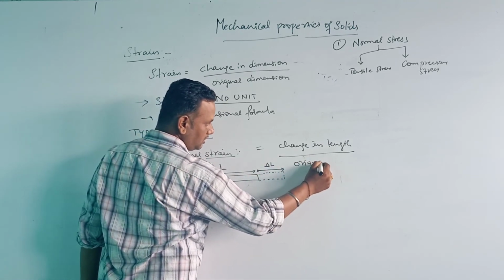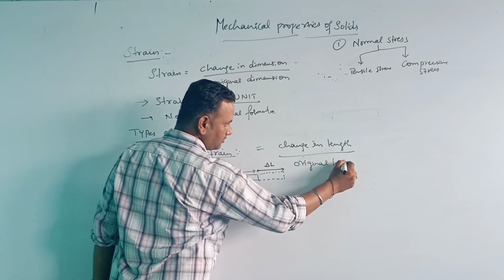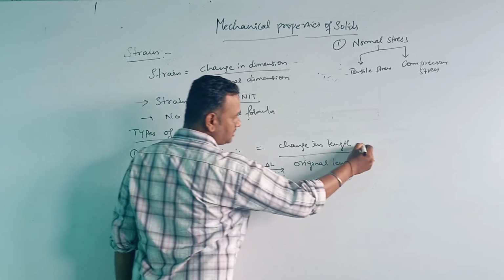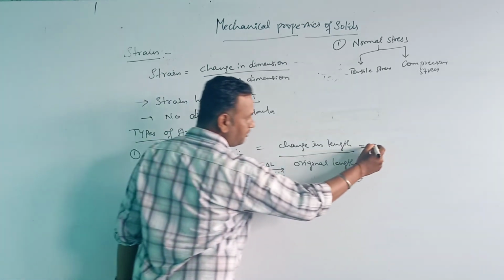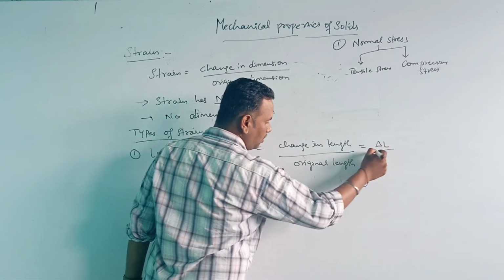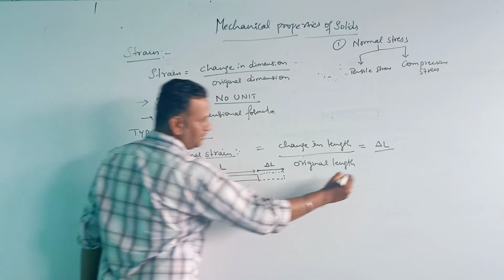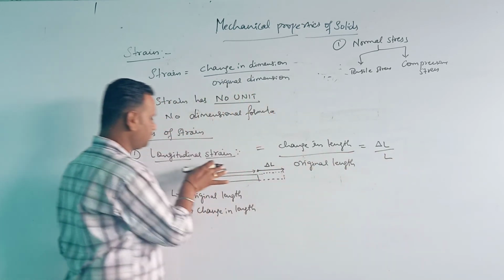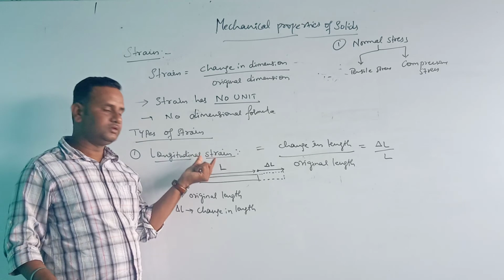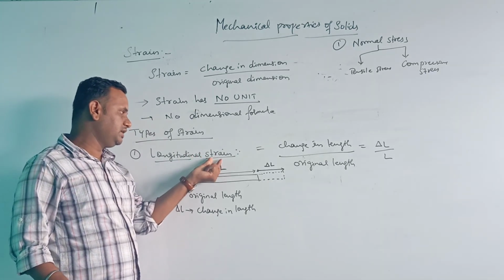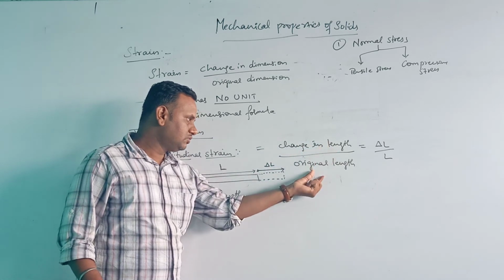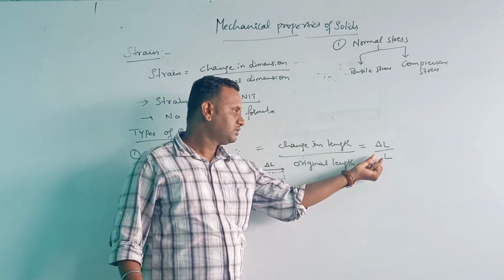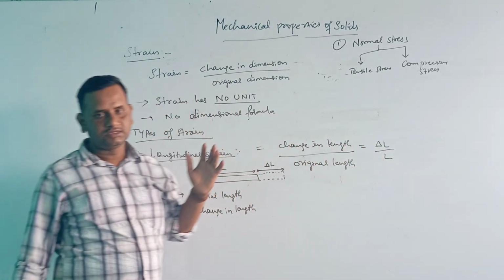Change in length is delta L, original length is L. This is the definition of longitudinal strain. Longitudinal strain is defined as the ratio of change in length to the original length.